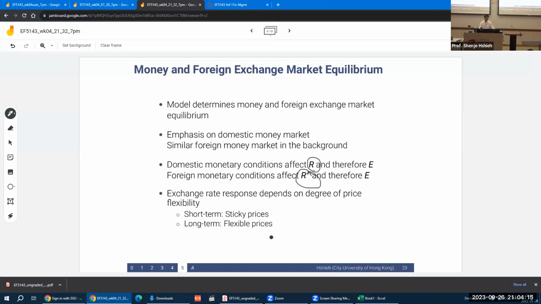So if central banks from abroad decide to conduct open market operations, that can change R star, and that will impact our model. So you could analyze exchange rate impact not only from our central bank's perspective, from HKMA or PBOC or whatever, but also their trading partners as well, right?